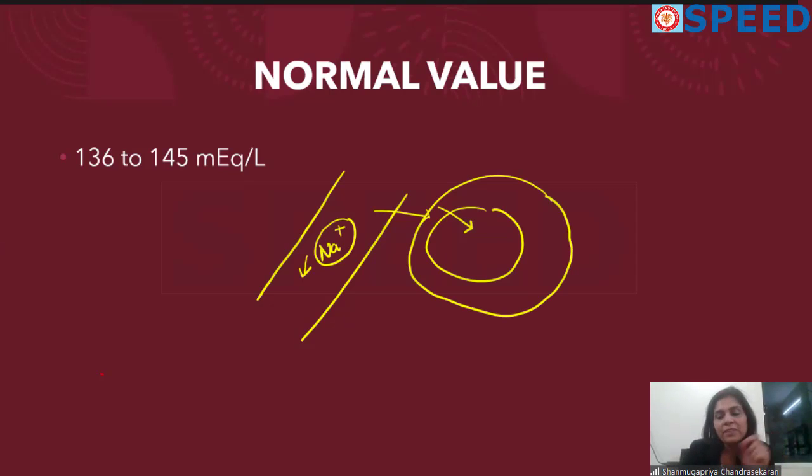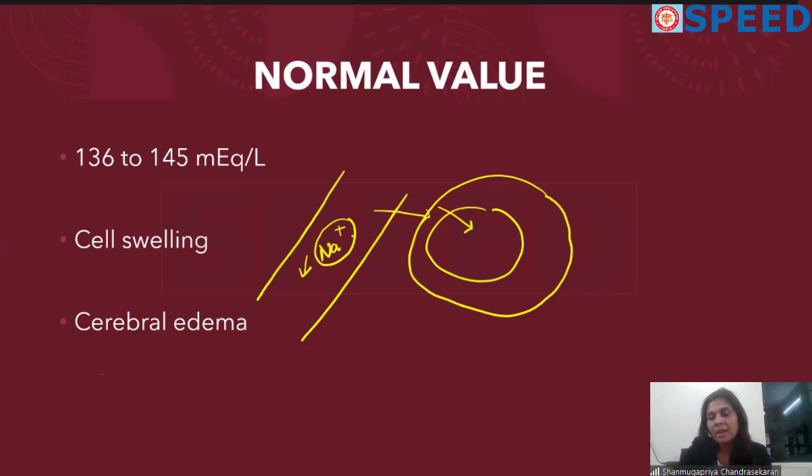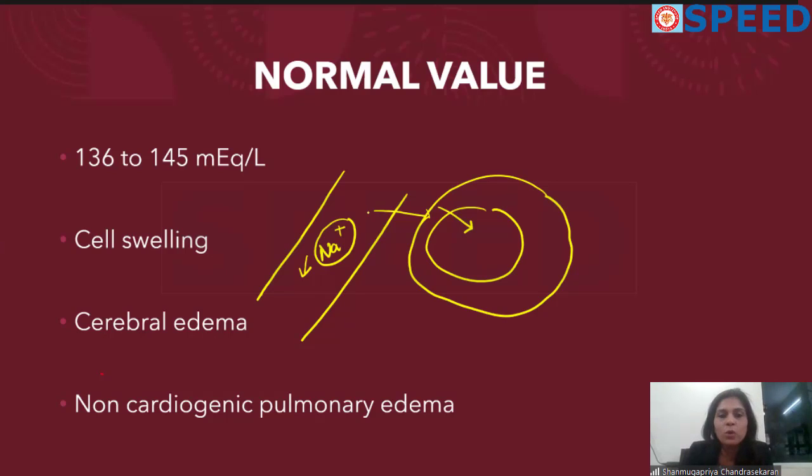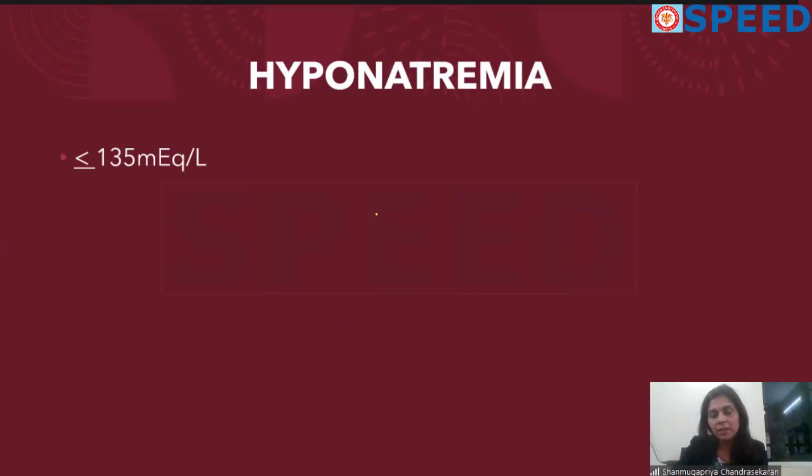And this is observed as cerebral edema in extreme cases, and even non-cardiogenic pulmonary edema. This is what we expect in hyponatremia. Now, in extreme cases, you observe it as cerebral edema. What do you observe in between? Are you going to find clinical features even when the sodium value is less than 135 milliequivalents per liter?